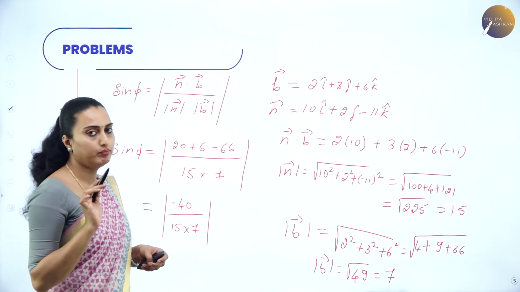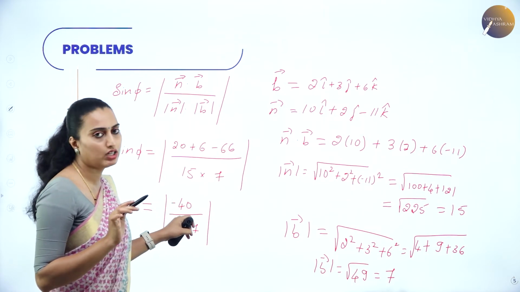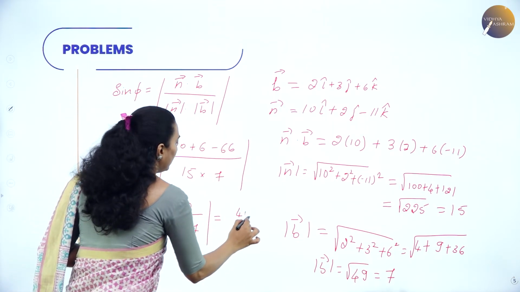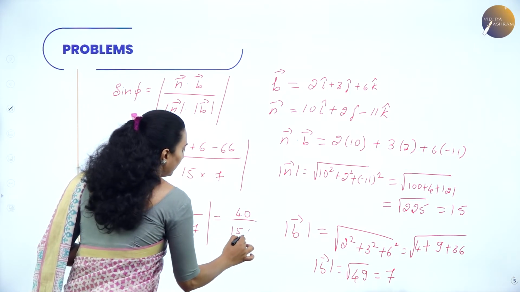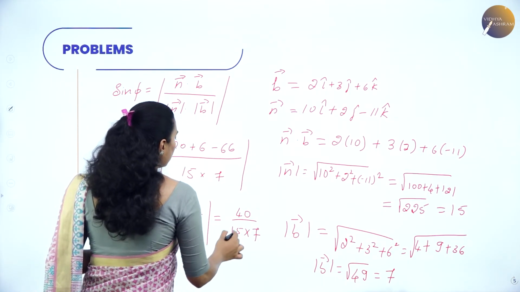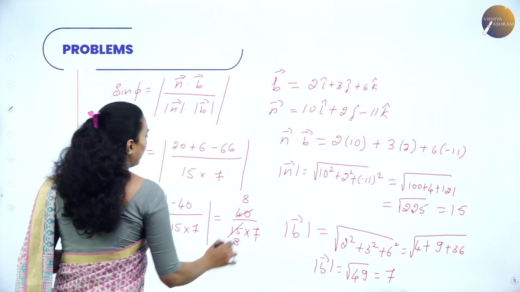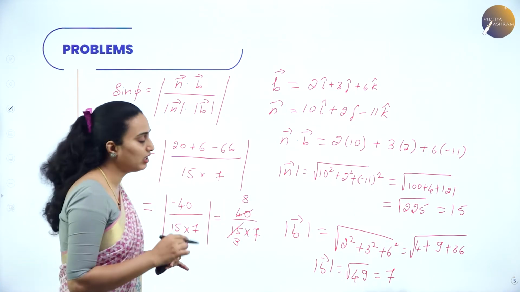Now, under the magnitude symbol or the modulus symbol, a negative value will become positive, which can be written as 40 divided by 15 into 7. Now, you can cancel this: 5 3s are 15, so this will be 5 8s are 40. So, 7 3s are 21.